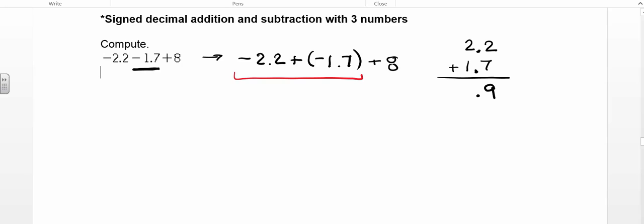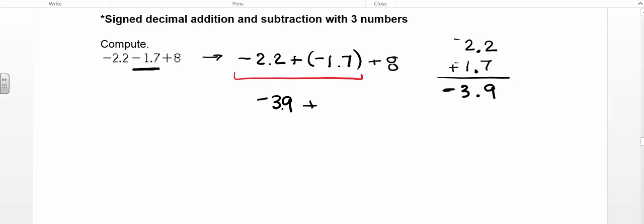So 2 plus 7 gives me 9, and 2 plus 1 gives me 3. And remember, because they were both negatives, my answer is going to be negative, right? So I have a negative 3.9.